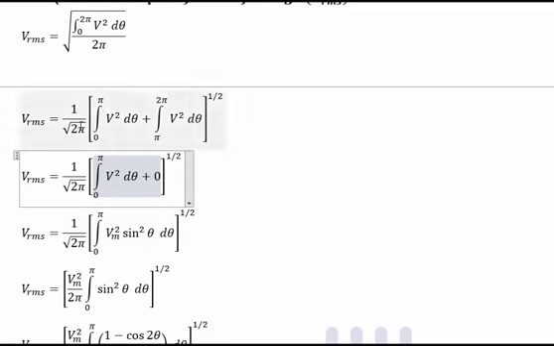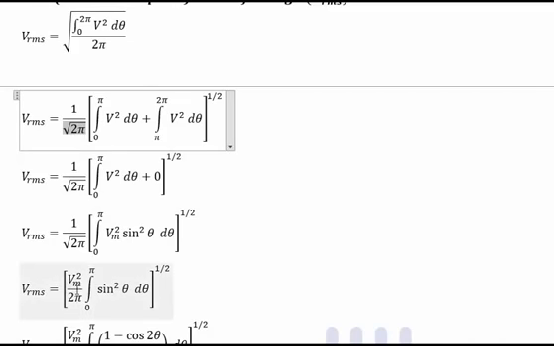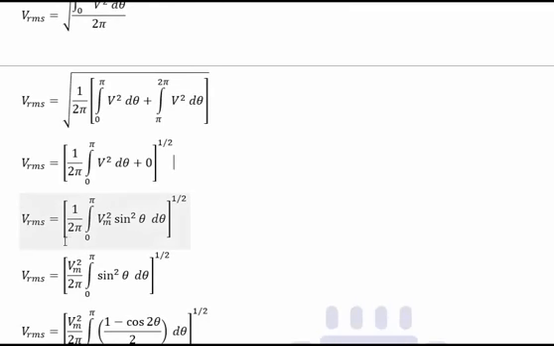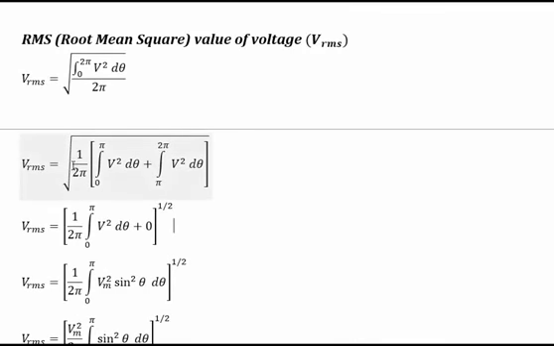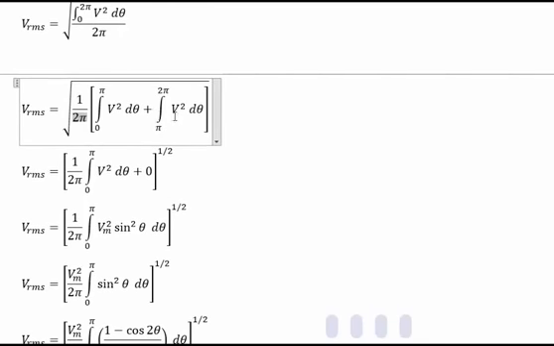Now on the left hand side, this should be within a root, so I have substituted this 1 by 2 pi within the root, and now the equation is clearer. This 1 upon 2 pi will be within the root, and this integration will become two parts, 0 to pi and pi to 2 pi.